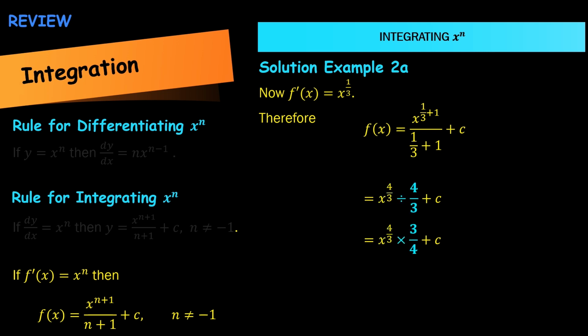And when we're dividing by a fraction, we multiply and flip the fraction over. So we're now left with f of x equals 3/4 x to the power 4 over 3 plus c.